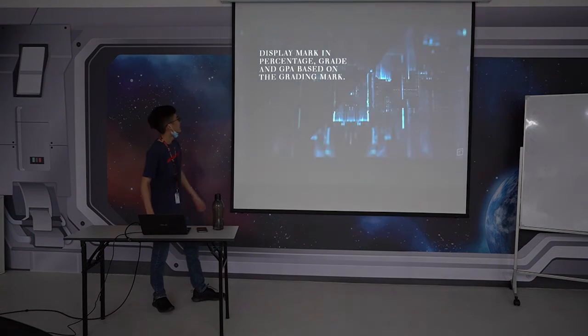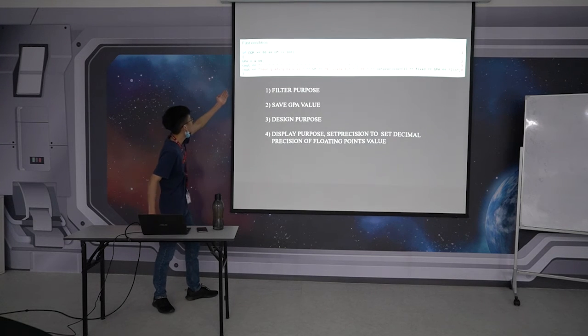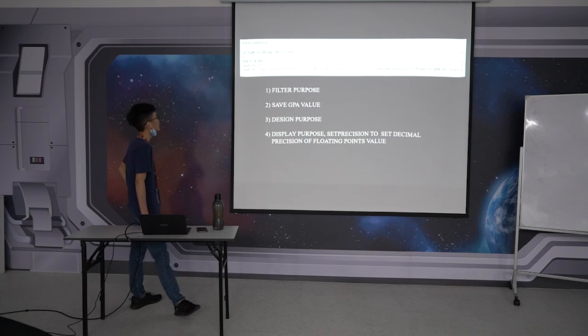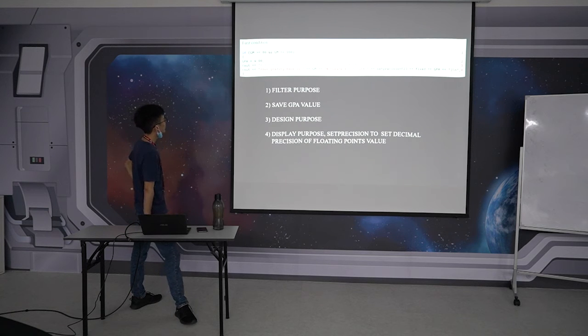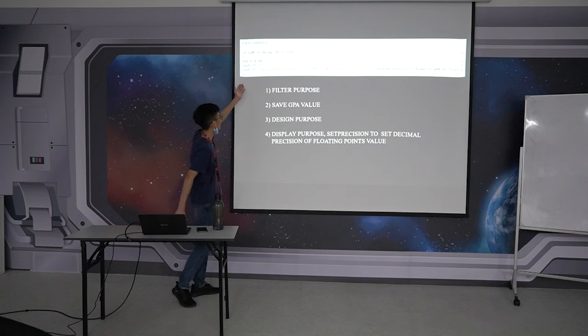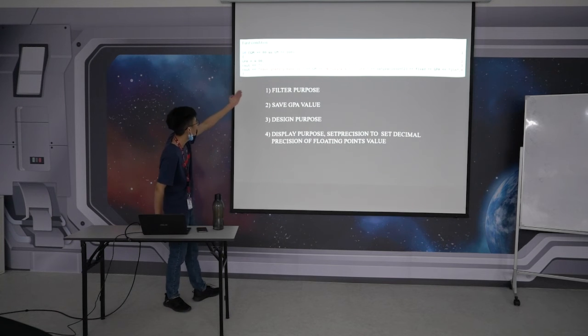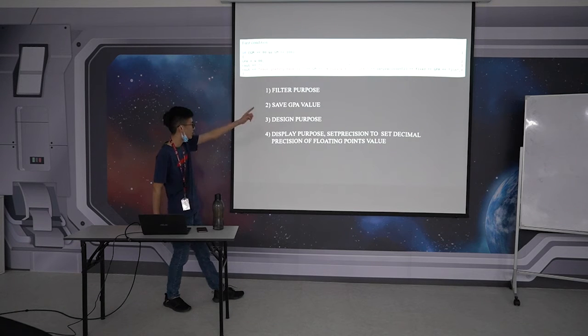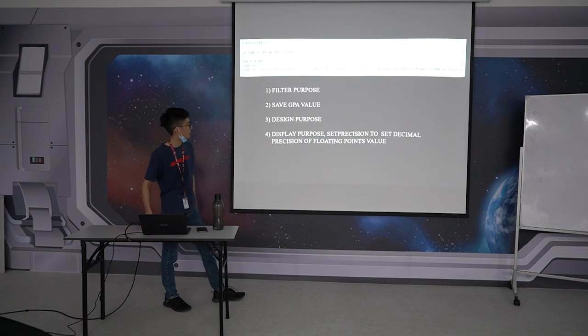Now it will come here and check whether the grading mark is within the range of 80 to 100. If yes, it will save the GPA as 4. And then the third line is for designing, and then it will display the grading mark in percentage and the grade A and also the GPA. So setprecision there is to set the decimal precision of 4 decimal points.